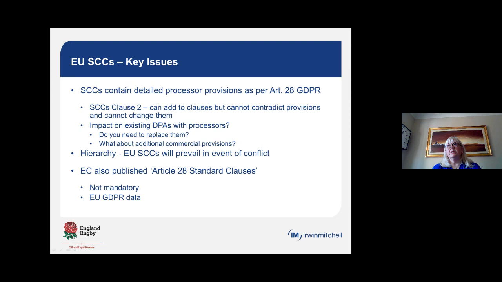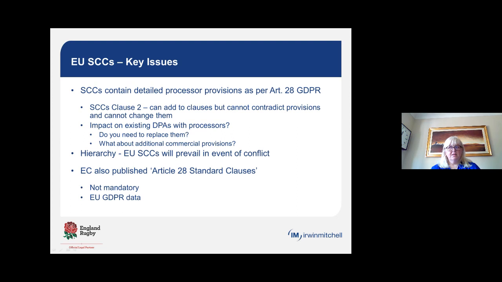Now, the point to bear in mind is that you may want additional stuff in there to supplement the SCCs' version of the Article 28 processor clauses. For example, you might want a bit more detail or process around what you expect the processors to do if they've got a data breach or anything of that nature. I think you can certainly add to them, and that is something worth bearing in mind.